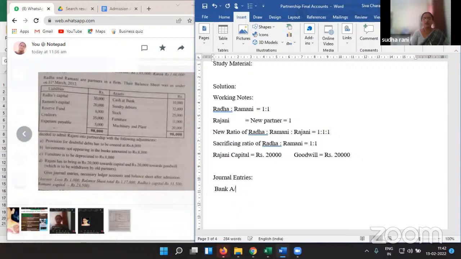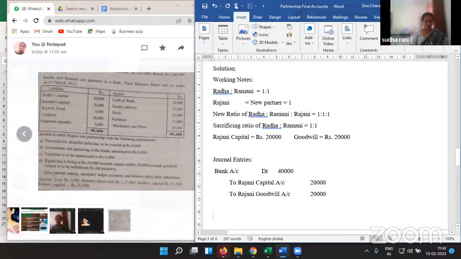Bank account debit, how much total did she bring? 40,000. To Rajni capital account, she brought capital 20,000, and to Rajni goodwill account 20,000.